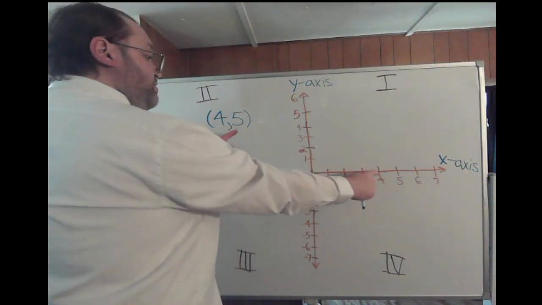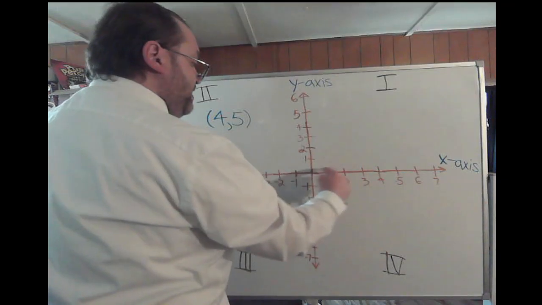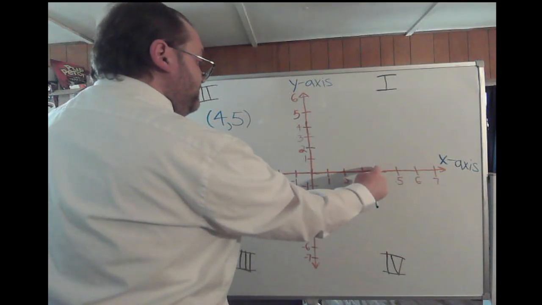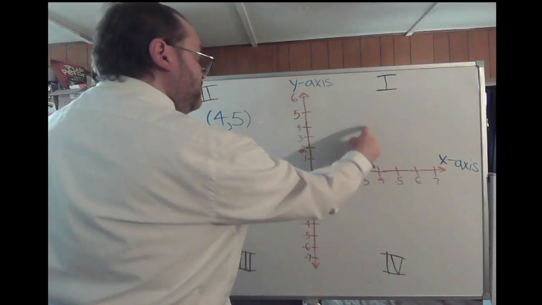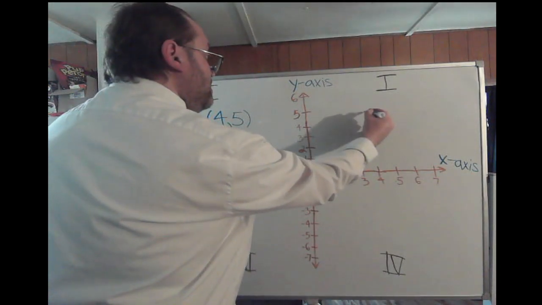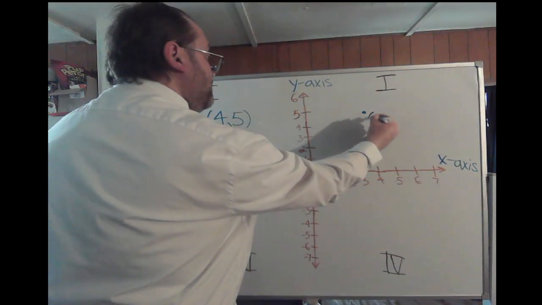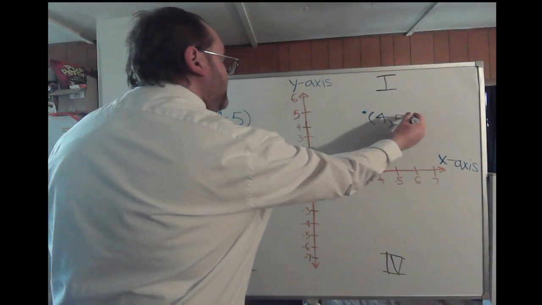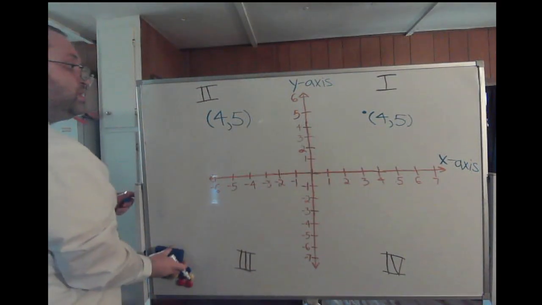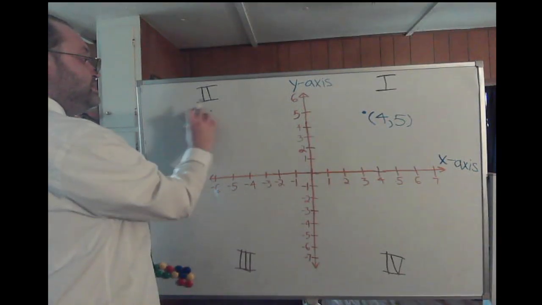And then the y coordinate is 5, so you've gone over 4, then you'll go up 5 from there. 1, 2, 3, 4, 5. Which would be right about here. That would be the point (4, 5), right about there. So we found our point.